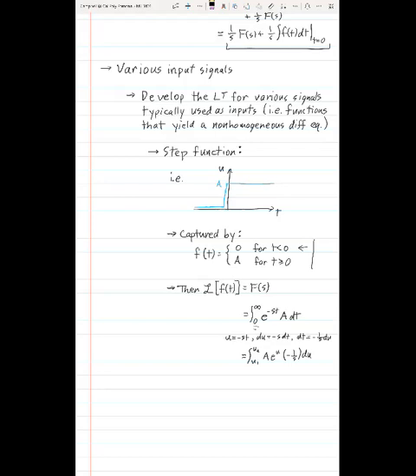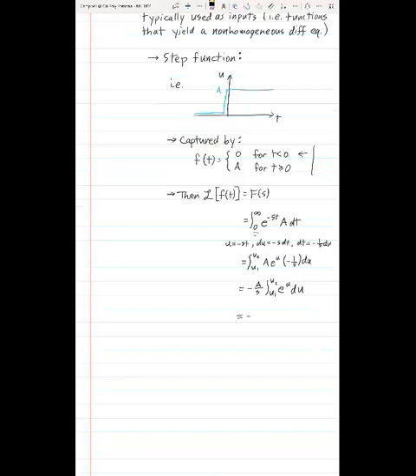So this is equal to negative A over s times the integral from u1 to u2 of e to the u du, which is simply equal to negative 1 over s e to the u evaluated from u1 to u2. Then we can substitute back in, giving A over s times e to the negative st evaluated from 0 to infinity.